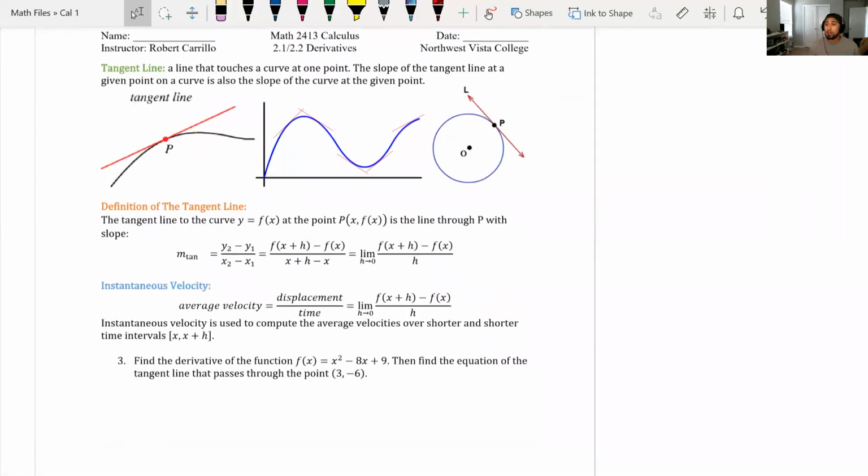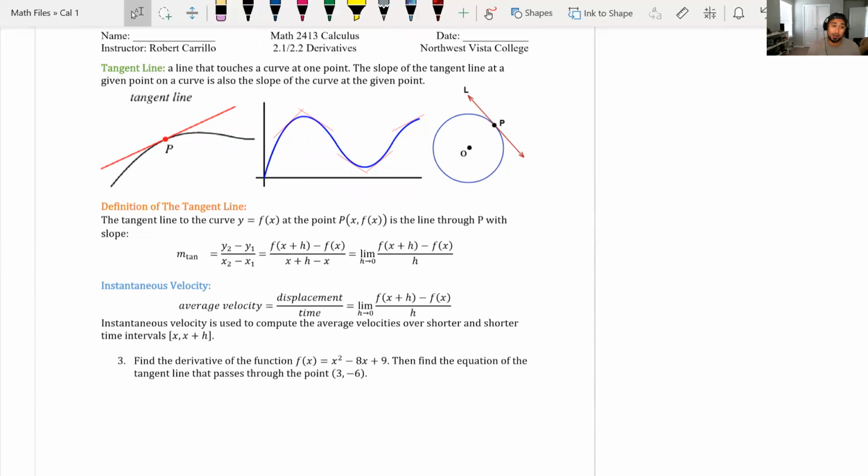So here we get to the definition of the tangent line. So the tangent line is a line that touches a curve at one point. What does the derivative do at one point? It finds the slope at one point, right? The slope of the tangent line at a given point on a curve is also the slope of the curve at the given point.